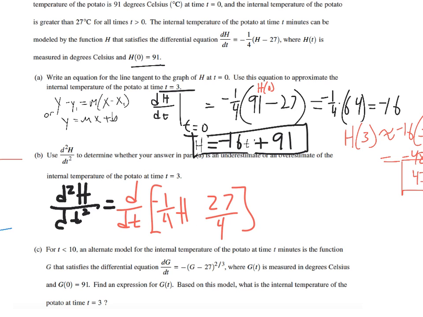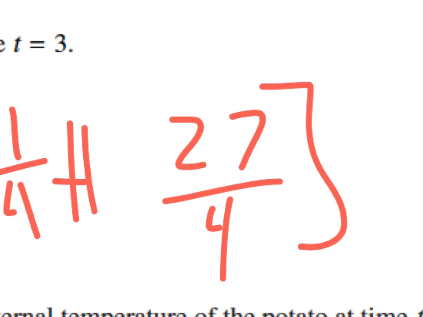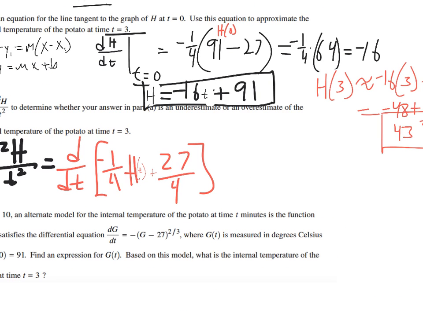Now let me actually change this so we don't make a mistake. Or just write this as h of t plus. All right, so remember that h is a function of t. So when we take the derivative here, we've got a little chain rule.